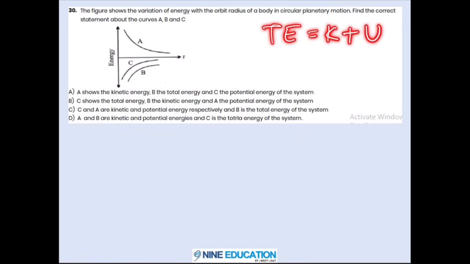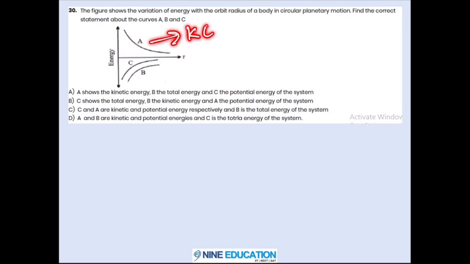Kinetic energy is always positive. Total energy should always be negative because we are talking about a stable system here. This implies potential energy also should be negative for the total to be negative. Therefore, kinetic is positive. That means A is positive, so this should be kinetic energy. And B and C should be potential and total energy.